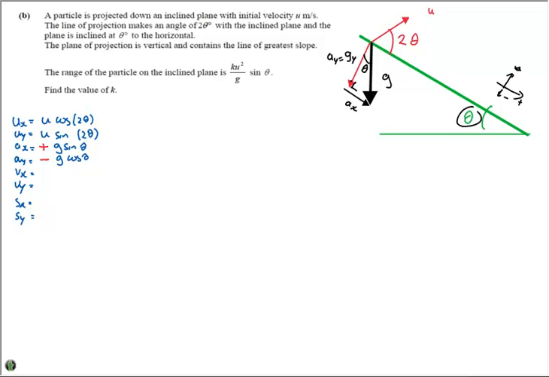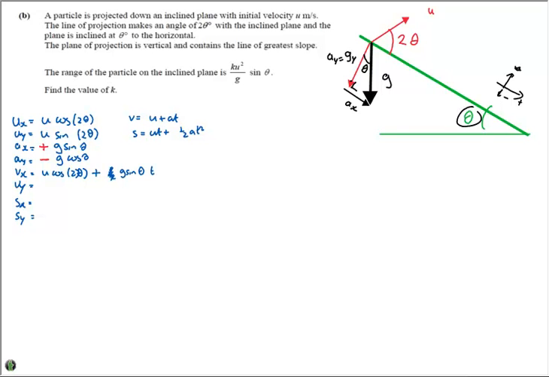Vx then, you know that v is equal to u plus at, and for the next one s equals ut plus 1/2 at squared. So we'll just sub in what we have here. For Vx, Ux is just u cos 2 theta plus g sine theta t.